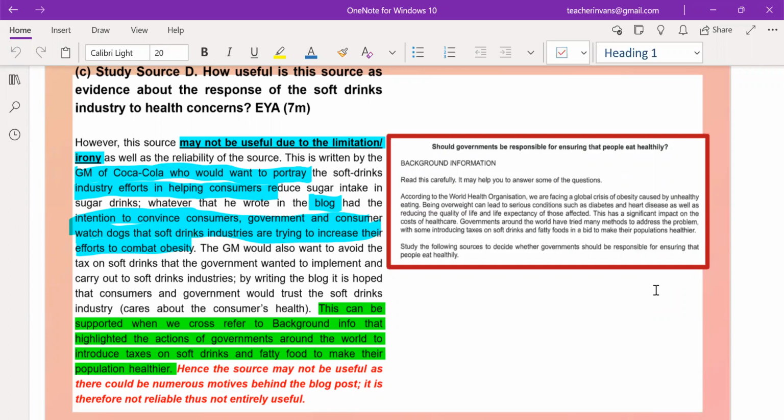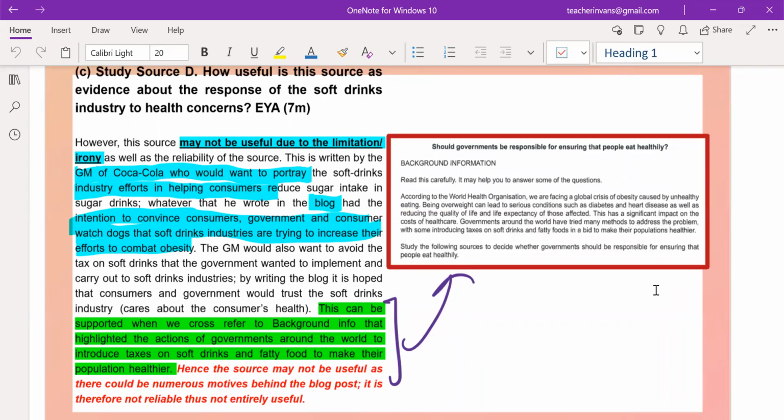Okay, and you can even then cross-reference the background information, because there is this heightened alert that tells you that the governments are trying their very best to do something. Okay, so that is why Coca-Cola or any soft drinks company is trying very hard to convince the governments not to impose a sugar tax.